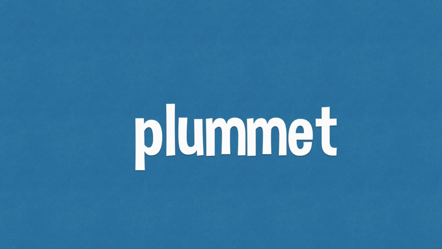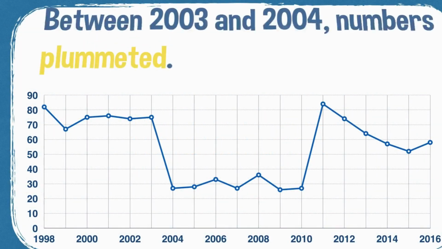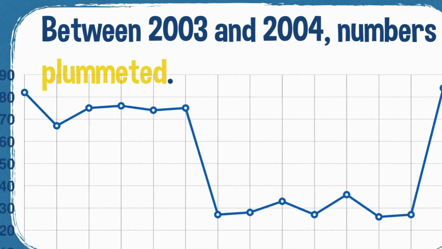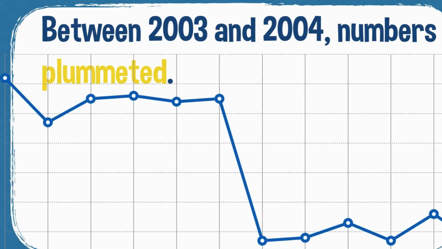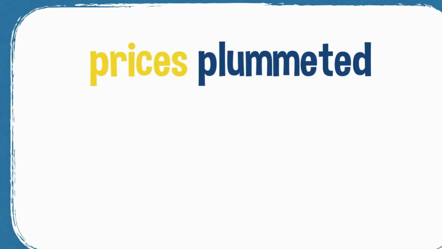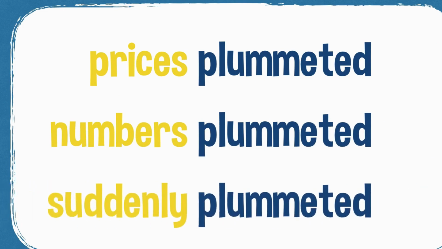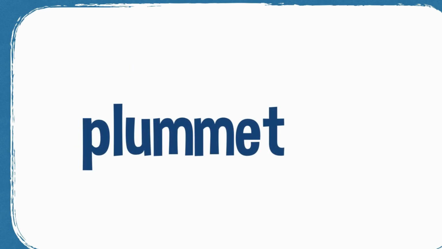It's kind of the opposite of rocket. So between 2003 and 2004, numbers plummeted. Some common collocations with plummet: prices plummeted, numbers plummeted, suddenly plummeted, numbers suddenly plummeted. So the verb forms plummets, plummeting, plummeted.